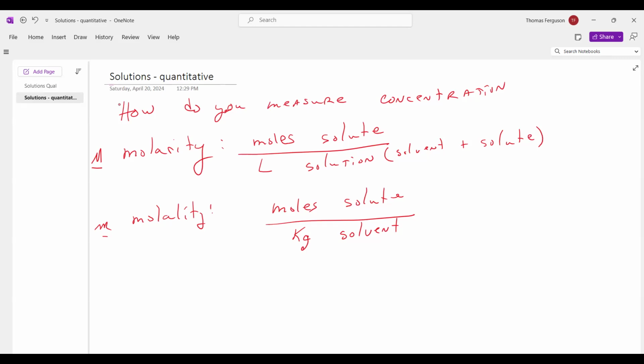That's strictly solvent. Now, you're going to use molality a fair amount in your next chemistry class, but not in here. We're going to be using moles per liter. It's going to be enough, trust me. Molality comes into play when you have to calculate something called colligative properties.